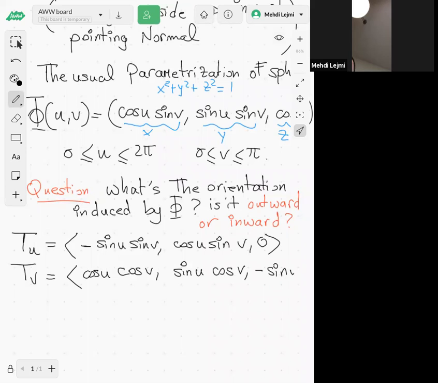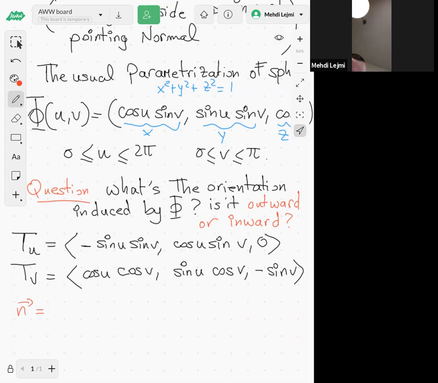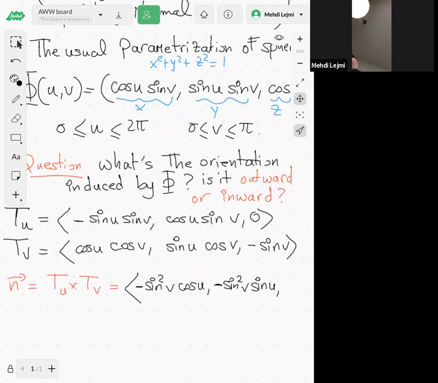Now the normal vector is given by t_u cross t_v. When you do the cross product, that will be minus sine squared of v cosine of u, minus sine squared of v sine of u, and then minus sine of v cosine of v.